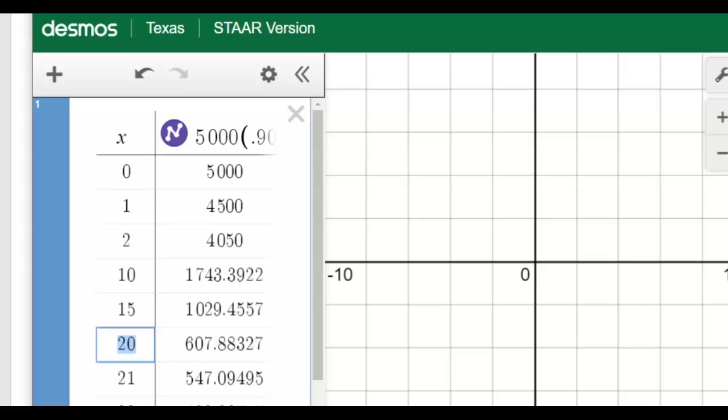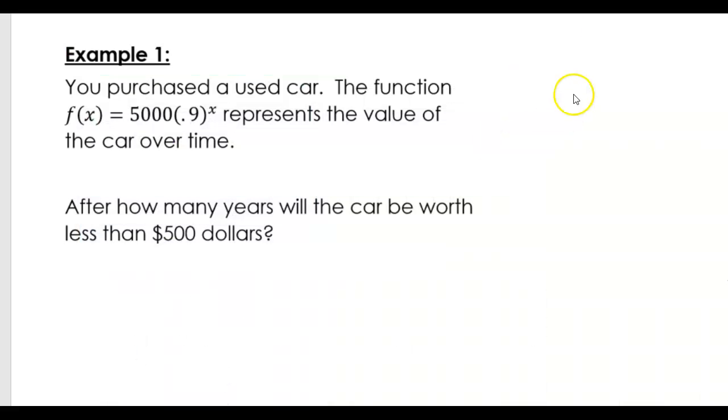Okay, so it helps when you type the equation correctly. So, after how many years will the car be worth less than $500? Now, do you see how to use the table to figure that out? But it's important that you type the equation correctly in the table.